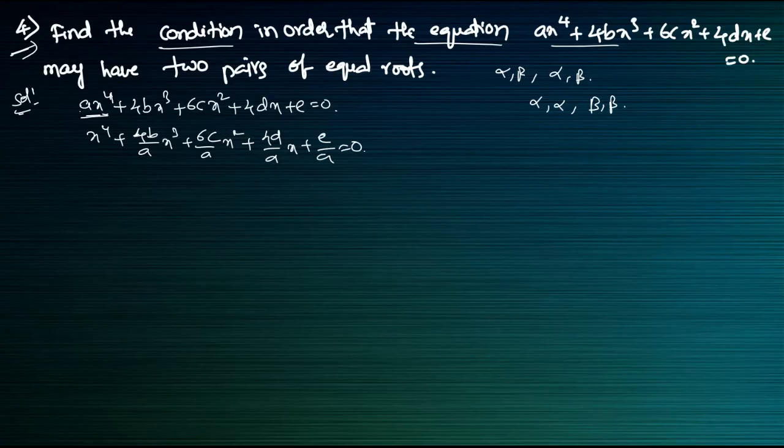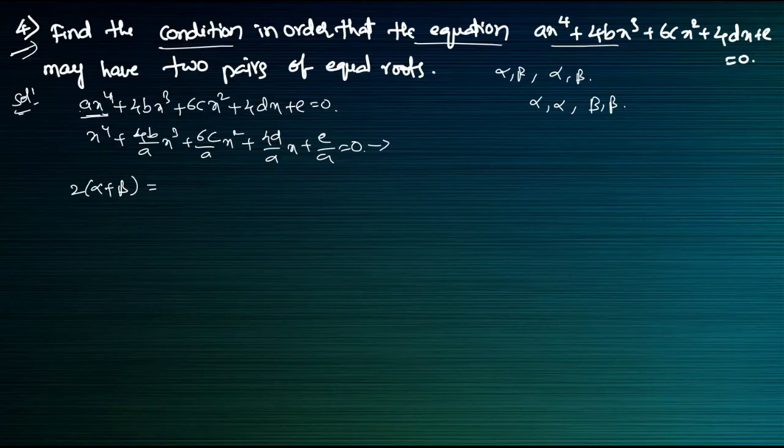Now the sum of the roots: alpha plus alpha plus beta plus beta is equal to 2 into alpha plus beta, which is equal to minus b by a.